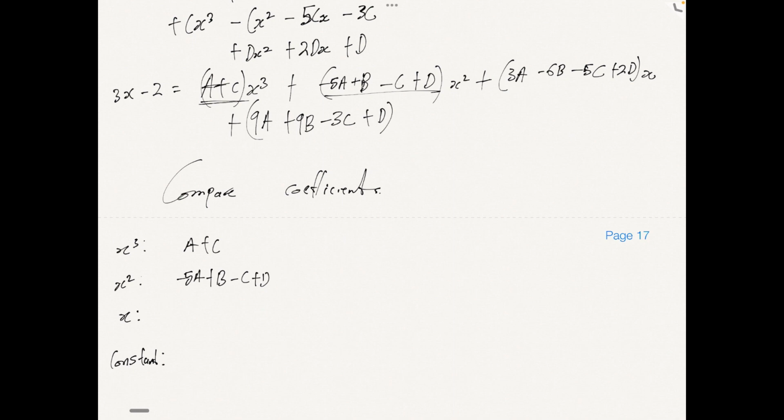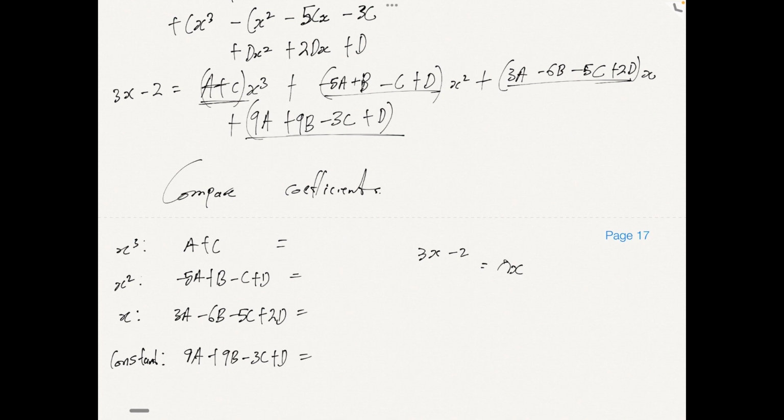For the x term we have 3a minus 6b minus 5c plus 2d. And for the constant term we have 9a plus 9b minus 3c plus d. Now the coefficient on the left hand side, we know that our answer is 3x minus 2, and we can rewrite this as 0 x raised to power 3 plus 0x squared, plus 3x minus 2.